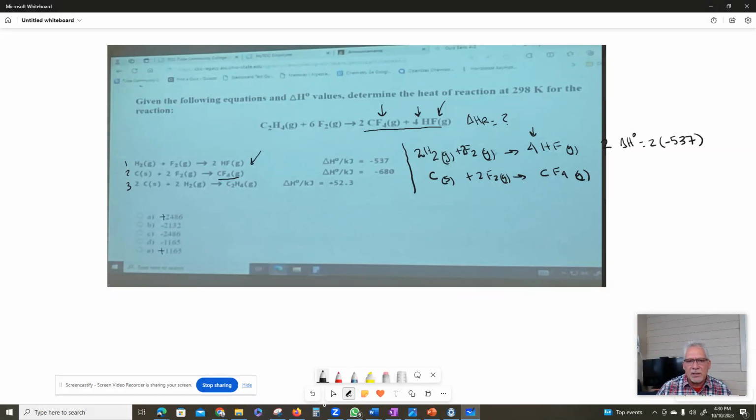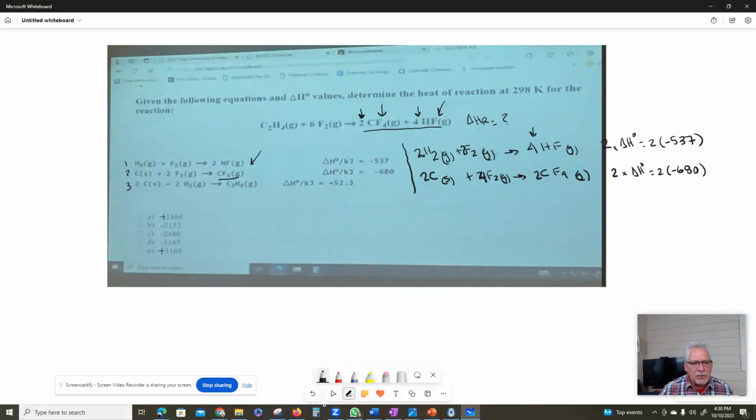And because I had 2 moles of the product, I had to also multiply this one by 2. 2 times 2 makes 4, and 2. And again, we need to multiply the enthalpy of the reaction by 2. So that will be 2 times the enthalpy of the reaction, which is 2 times negative 680.